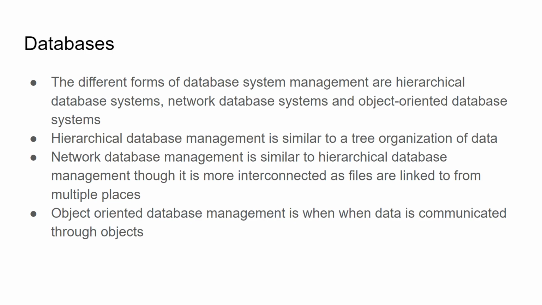Network database management is similar to hierarchical database management, though it is more interconnected as files are linked to from multiple places. Object-oriented database management is when data is communicated through objects.